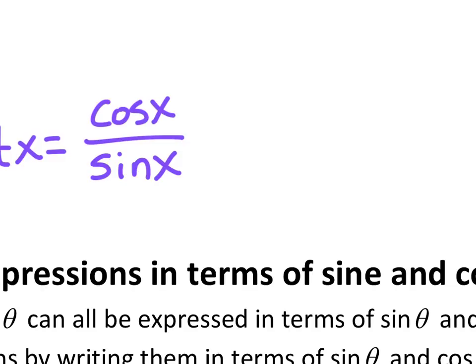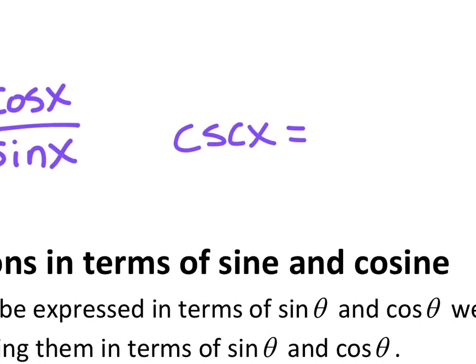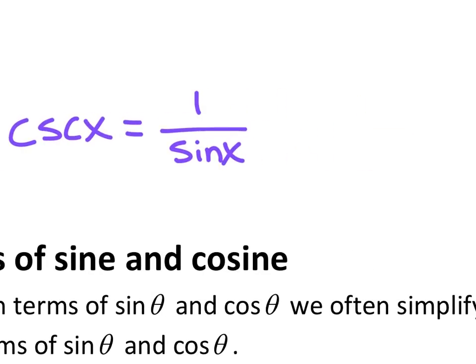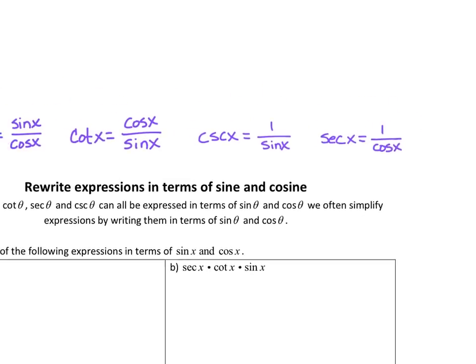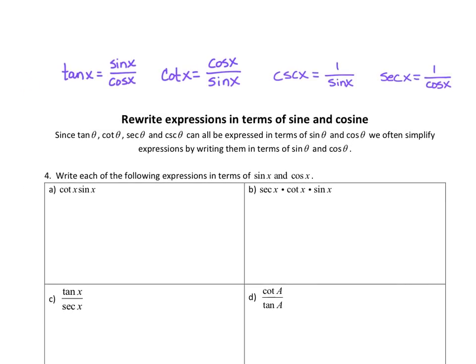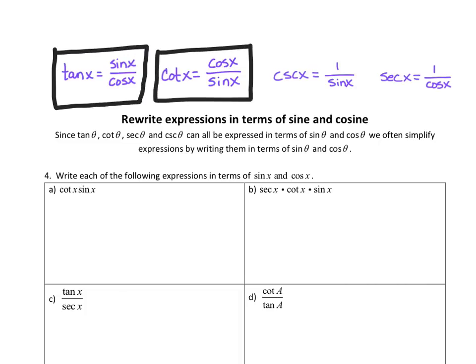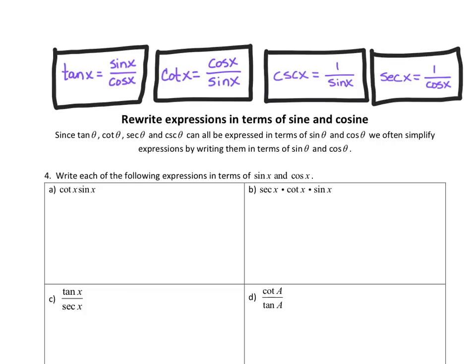That cosecant of x is equal to 1 over sine of x. And that secant of x is equal to 1 over cosine of x. Now I'm guessing that you already have those 4 things memorized, and those are the things that we're going to be using a lot to simplify expressions. So just keep those 4 identities in the back of your mind, and we'll keep calling on them as we work through these problems.